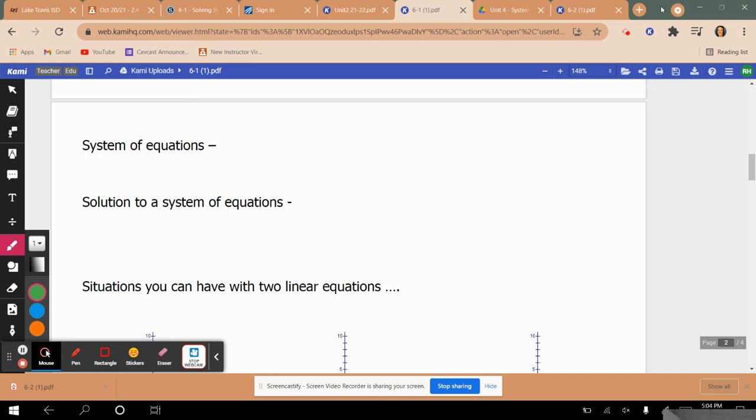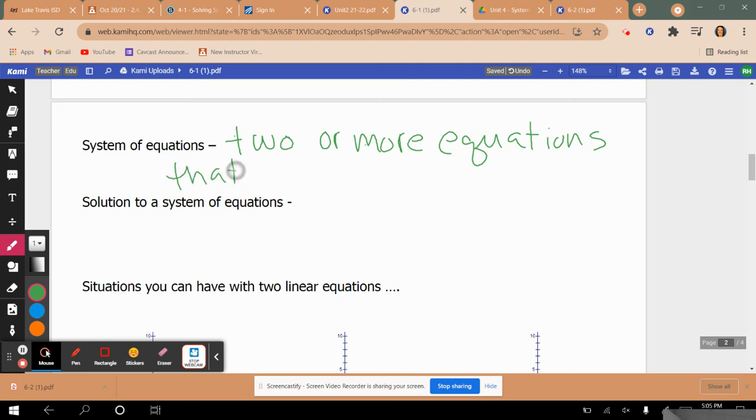Two or more equations that share variables. So a system of equations is two or more equations that share variables.